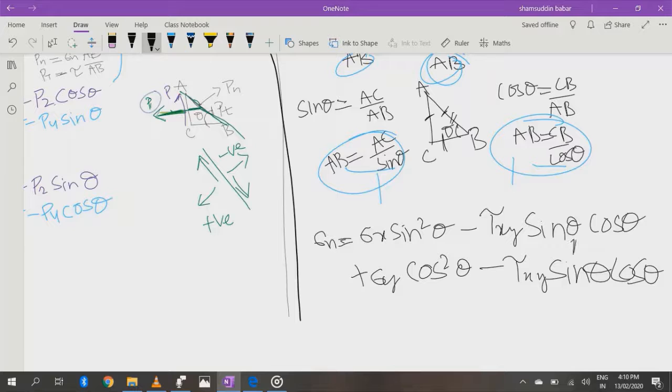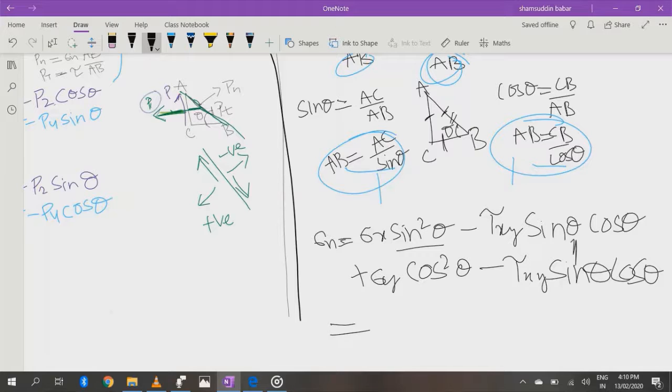Now these both are the same, so these will add and I will get this formula, and I will solve this.